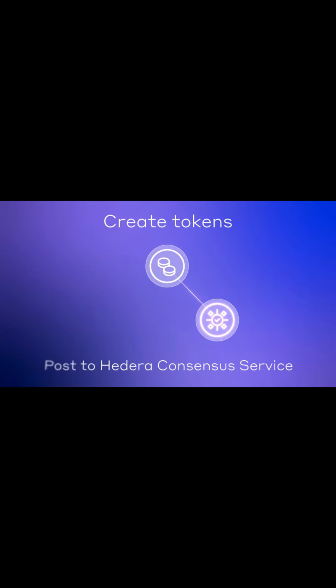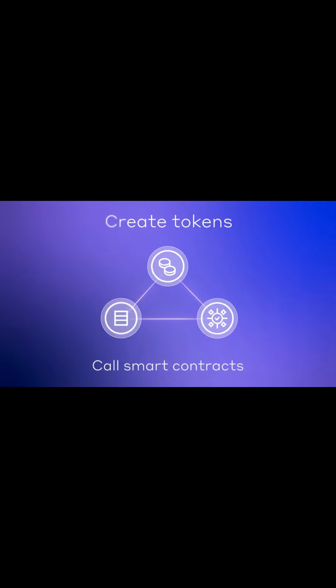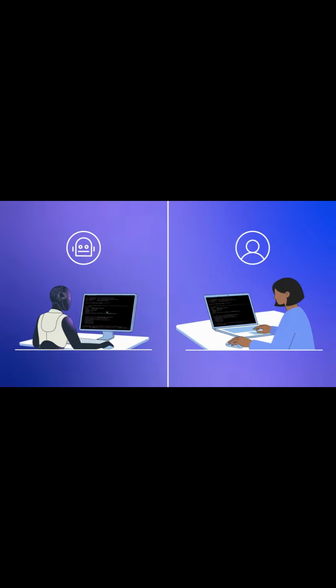Agents built with the kit can create tokens through the Hedera Token Service, sign and send transactions, post to the Hedera Consensus Service, and call smart contracts, all autonomously or with human oversight. Thanks to Hedera's fixed fees, security, and fast finality, agents run with the predictability and performance needed for real-world applications.